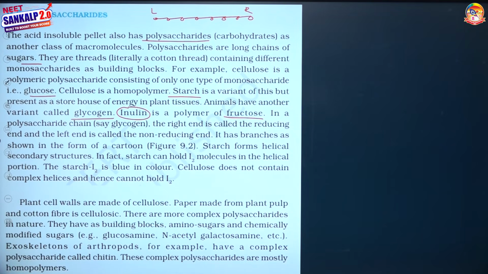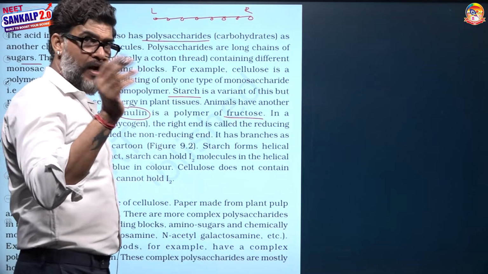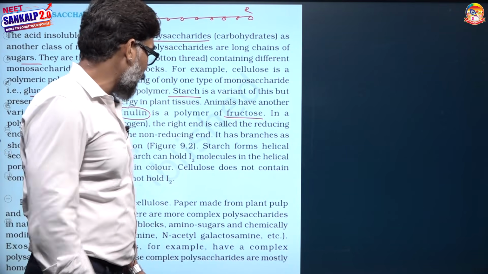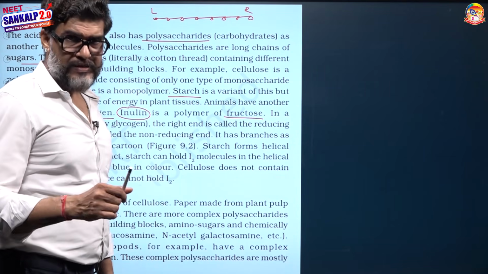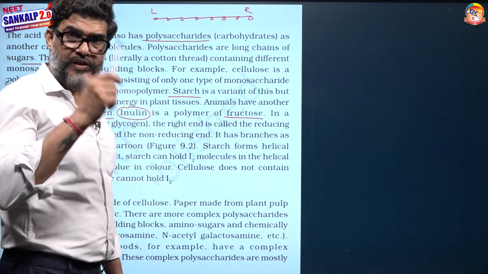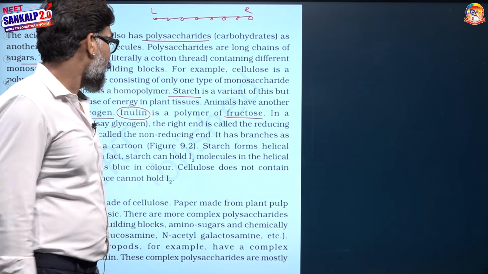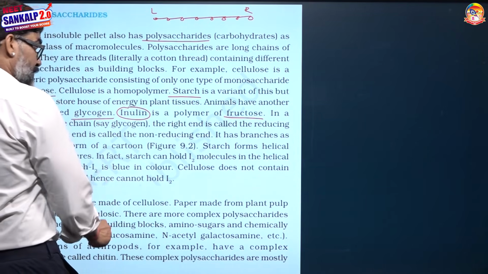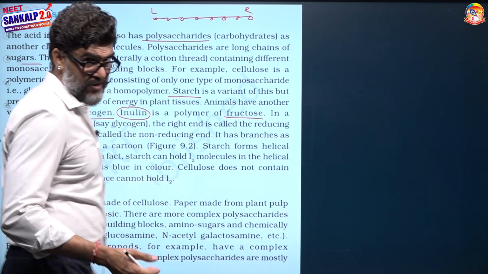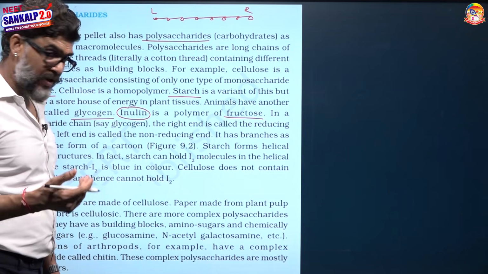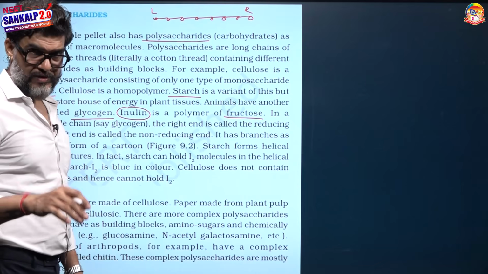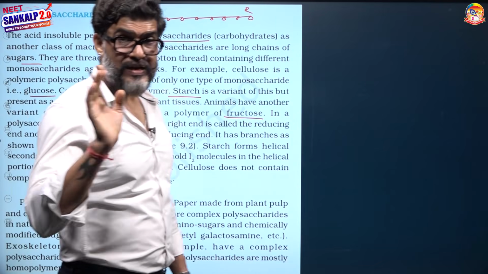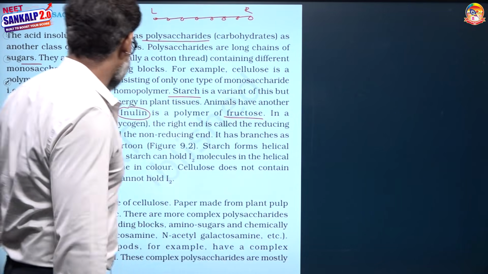As shown in the cartoon figure 9.2, starch forms a helical secondary structure. Means in starch there are two components, amylose and amylopectin, and in the amylopectin part we see some branches, helical structures, and because of the helical structure intramolecular hydrogen bonding happens, so it attains a secondary structure.